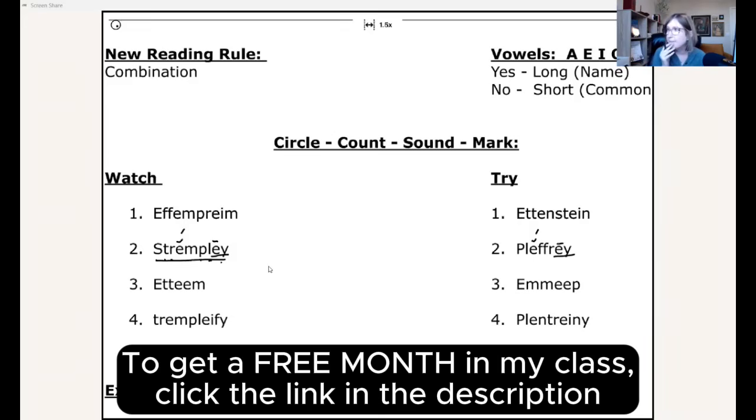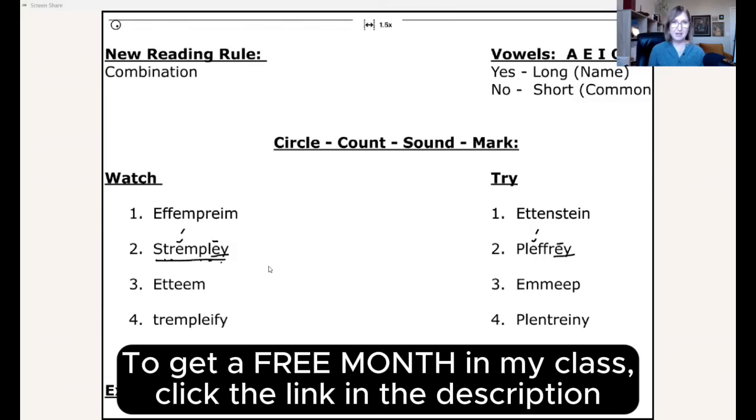Very good. Okay, so we know that this E is going to say short E because the next 2 letters are consonants. We know that this EY is going to say E. That's a vowel team that says E, but you also don't have to wonder what it's going to say.